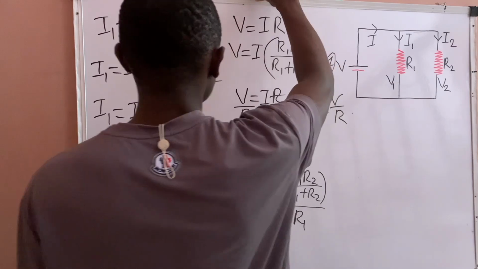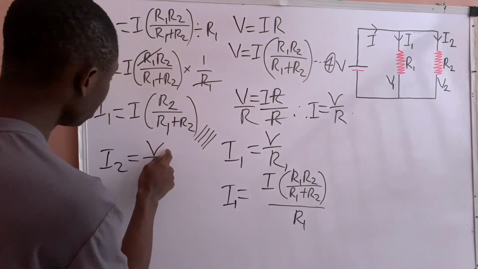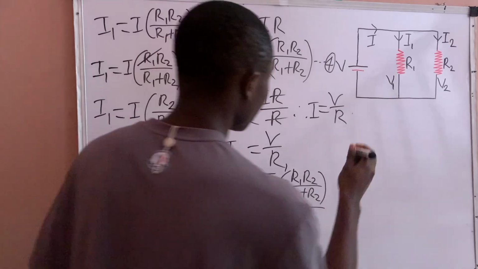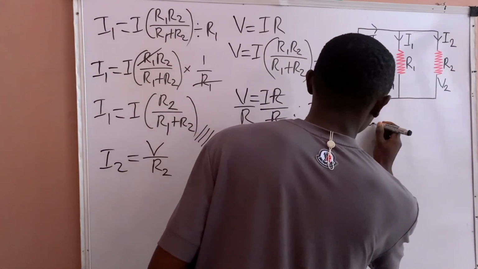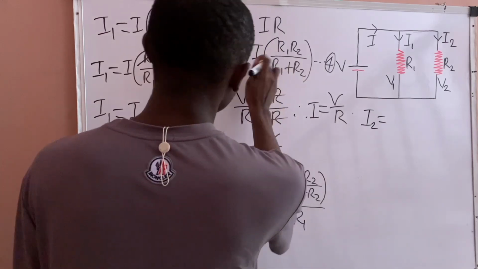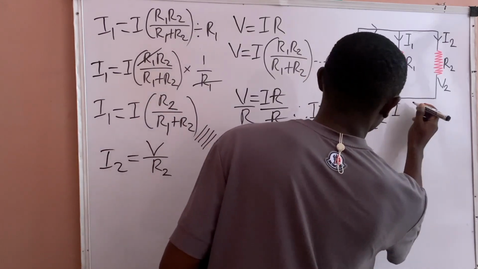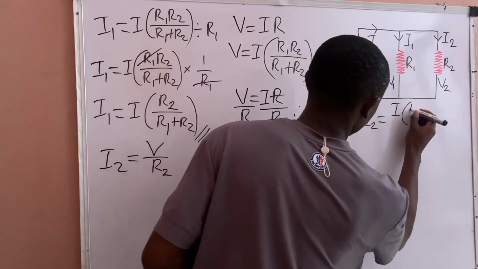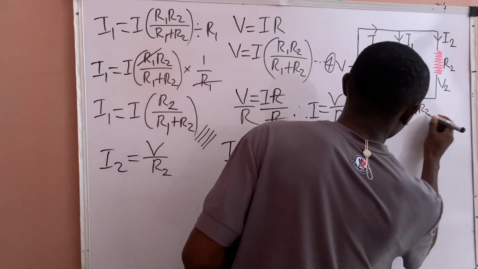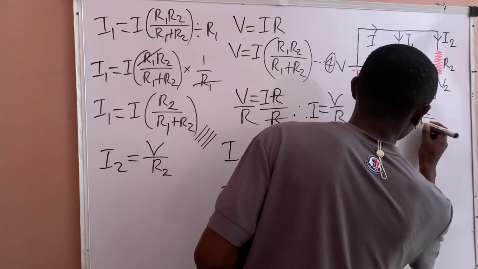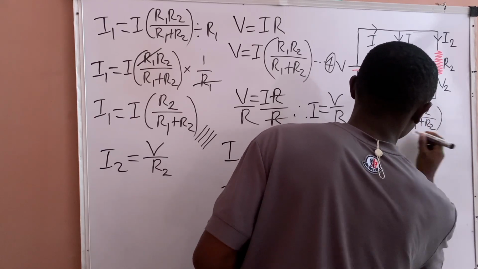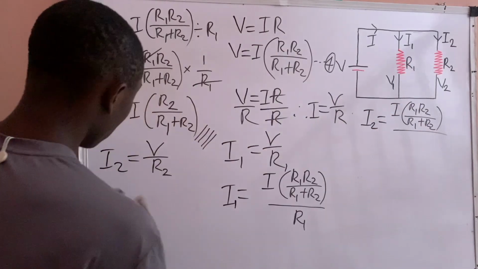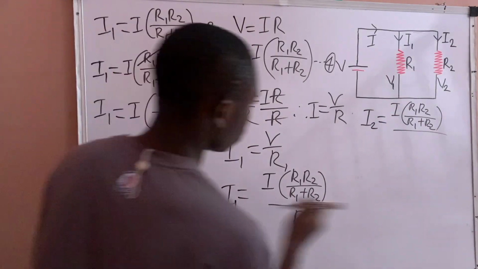So by substituting the value of V into this equation, we will have that I2 now equals V, which is I all over R1 R2, all over R1 plus R2, divided by what? R2.